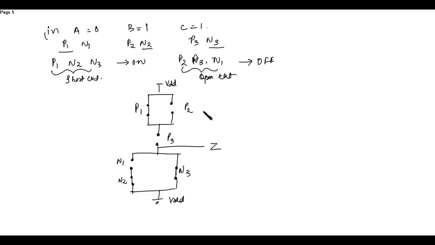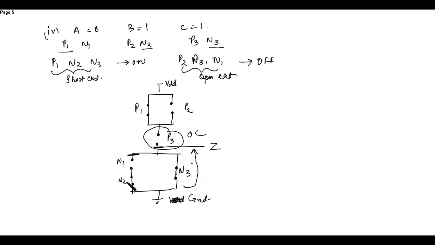So before looking at P1 and P2, we can see P3 is open circuited, so it will create a blocking over here. Here N1 will block the flow. This is ground. So since N1 is parallel with N3, this will be obtained in the output.